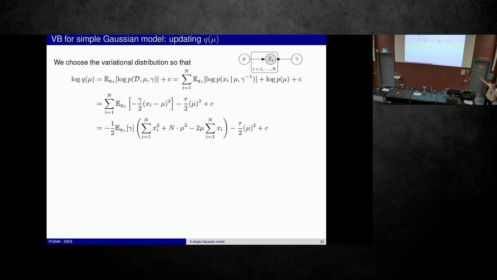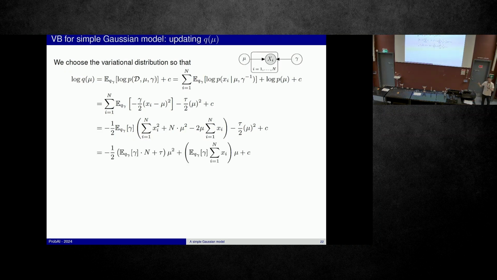The expectation of this expression only involves gamma, so it is just the expectation of gamma. The sum is also moved out into this expression, so the sum over x_i squared. We have n terms in total. Mu does not depend on i, so that will just be n mu squared. Then we have the expression with the x_i's again, and this part is the same.